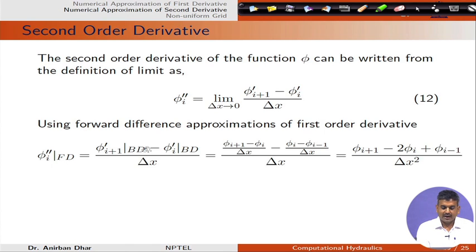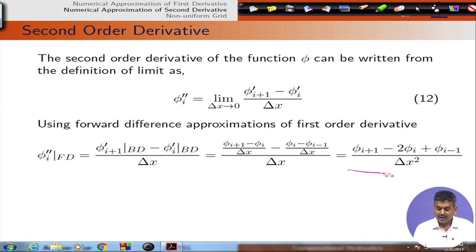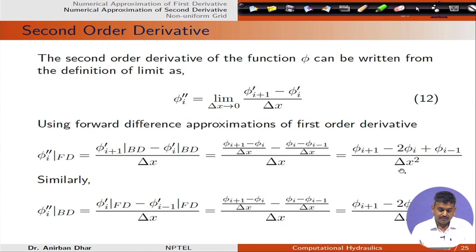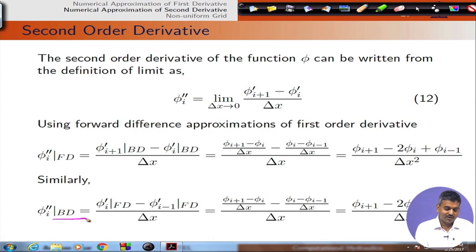If we use backward difference for phi I plus 1 and phi I, we can get this approximated form of forward difference. Now, if we check the backward difference approach, again we can start with backward difference and we can get the same expression.